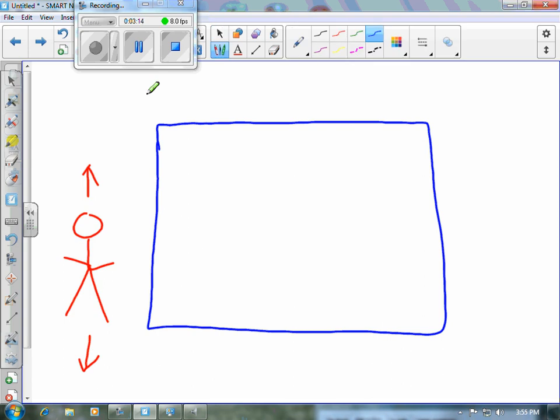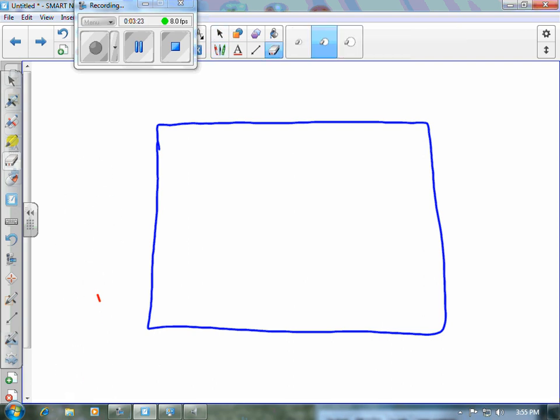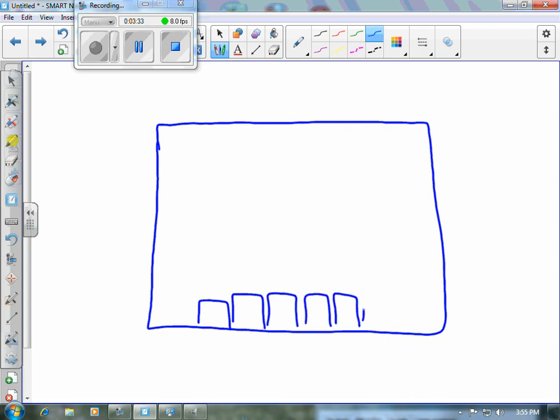This will start to make sense as we go through this example. Let's say you have 10 blocks inside this box.